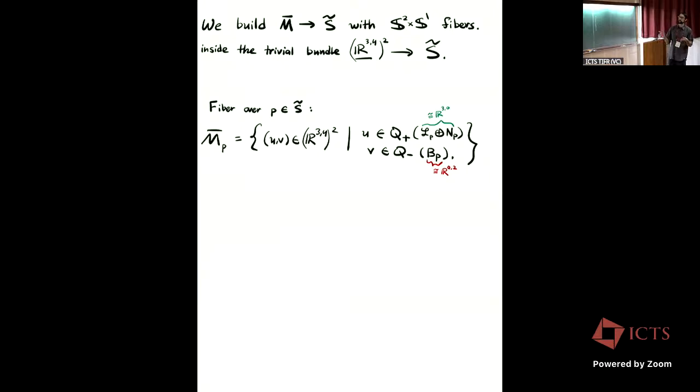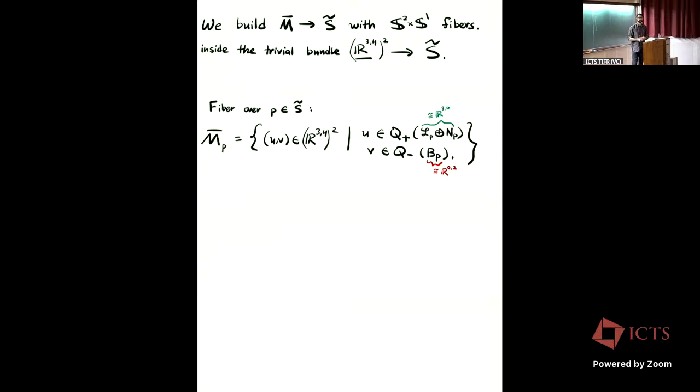So u is a unit vector in this Euclidean 3-plane, so that's chosen in a 2-sphere. And v is chosen as a unit time-like vector in the binormal space. So it's a unit vector in a 2-plane, so that's a circle.